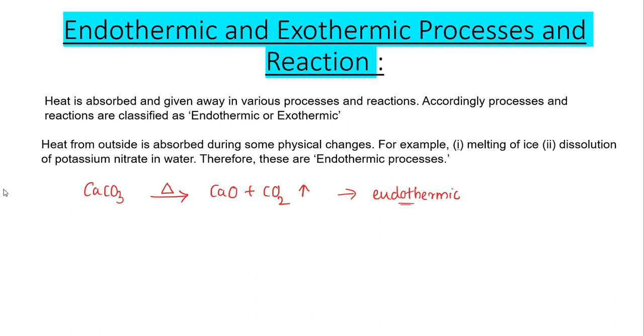For example, calcium oxide plus water. Okay, this is calcium oxide, CaO plus H2O. When we put water to calcium oxide, calcium hydroxide, Ca(OH)2, is formed, plus heat on the product side.